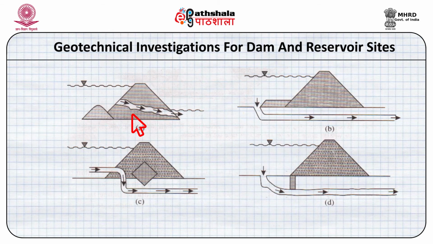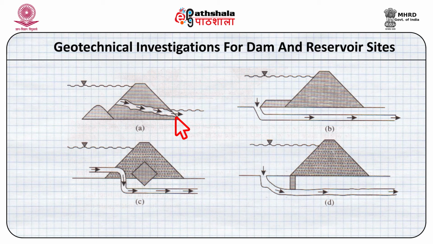If you see the figure, the failure can be through piping. The seepage creates a hole through the earth dam and water can gush out through that piping. The dam can fail if water is seeping through the main body of the dam, forming a waterfront.